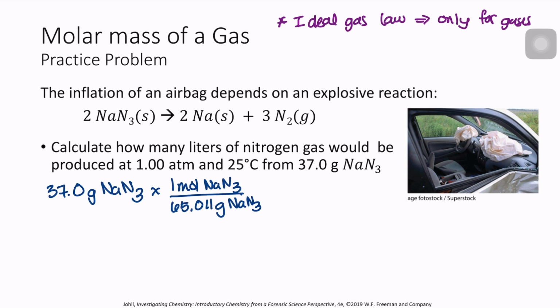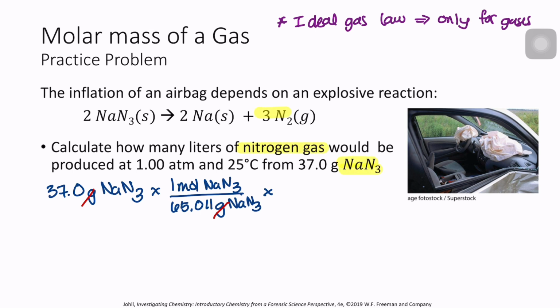So now my grams cancel out and I have moles of sodium azide, which is great because I can use the mole to mole ratio. In this problem, I am only concerned about the things that it's asking for. So it is dealing with nitrogen gas, and we're given sodium azide.